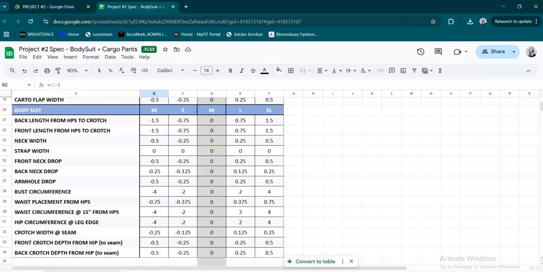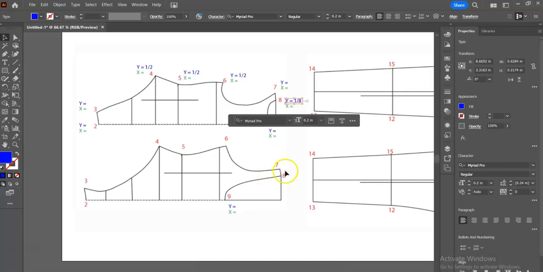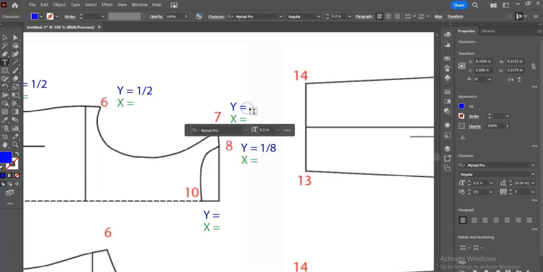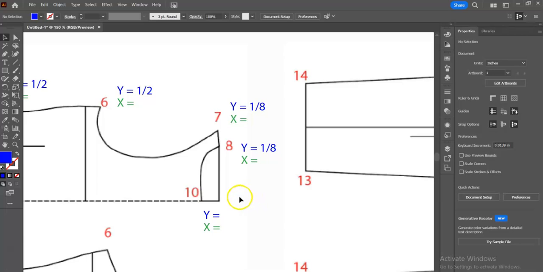Okay, so that means here, if my 8 point is moving 1/8 inch, and I don't want my strap width length to change, then I also need to move my 7 1/8 of an inch. If I were to leave it at 0, then my strap would get 1/8 of an inch smaller for the larger sizes and 1/8 of an inch bigger for the smaller sizes, which we do not want. Okay.